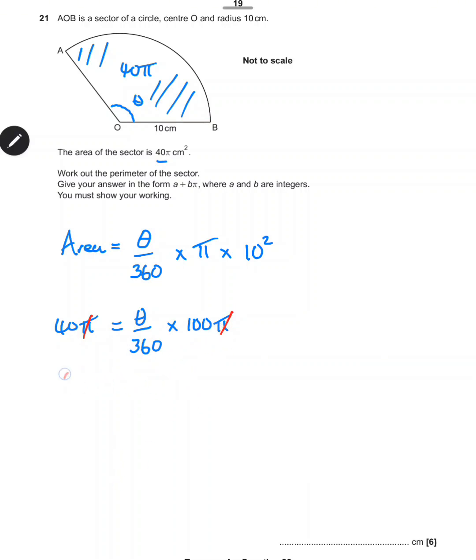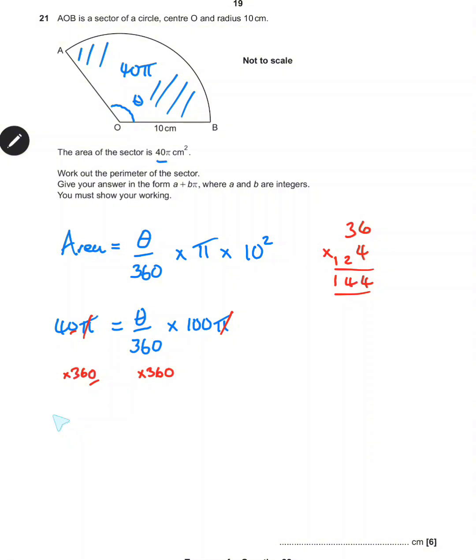Next step would be to times both sides by 360. That will get rid of this here, but I need to do 40 times 360. Well, let's do 36 times 4 over here. 4 6s are 24. 4 3s are 12, 13, 14. That comes out at 144. But don't forget there's 2 extra zeros on for this.